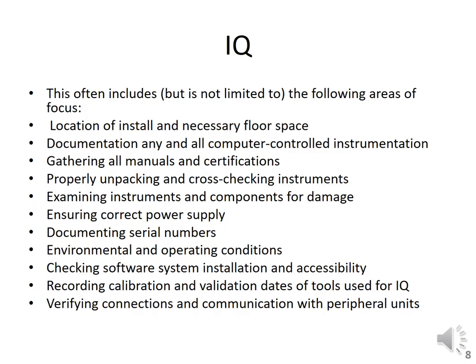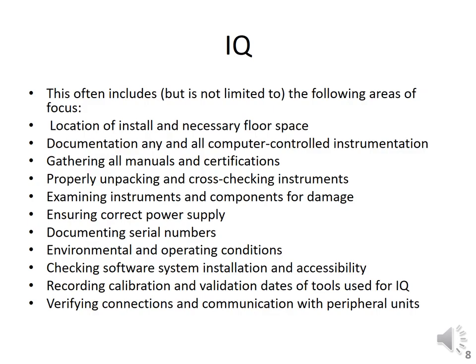If you are getting something for your home, you properly unpack it, right? So when you are dealing with a big, costly machine or instrument, definitely properly unpack and cross-check the instrument, that what you have ordered, you have got, and properly unpacked it. This is important.